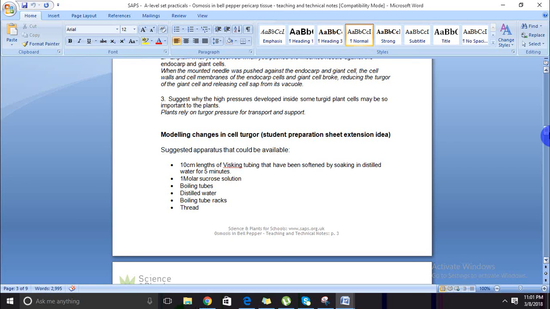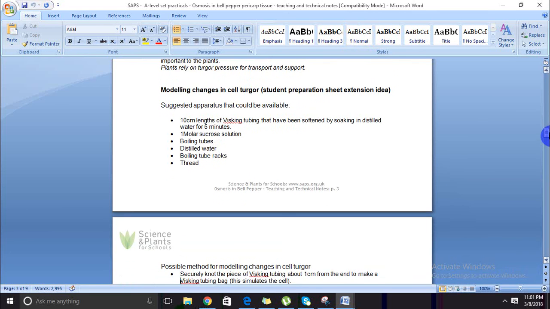So modeling changes in cells and suggested apparatus: Visking tubing that has been softened by soaking it in distilled water for 5 minutes, 1 molar sucrose solution, boiling tubes, distilled water, boiling tube racks and thread.